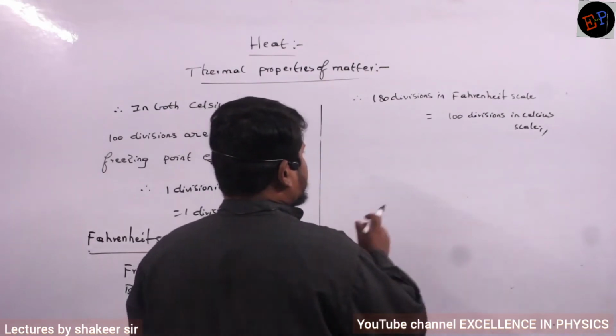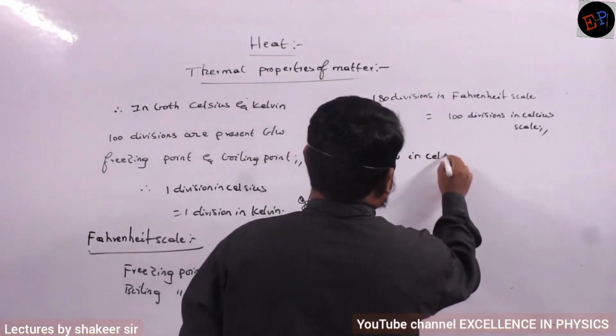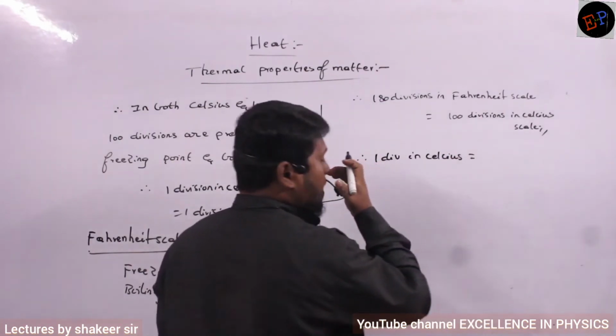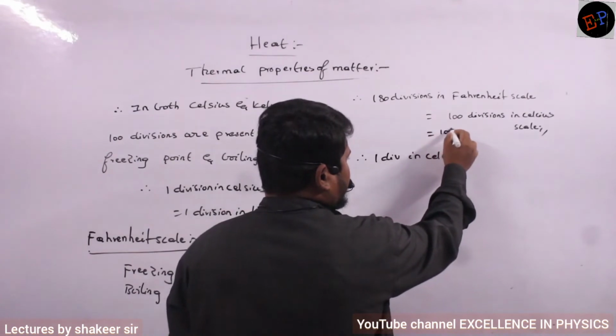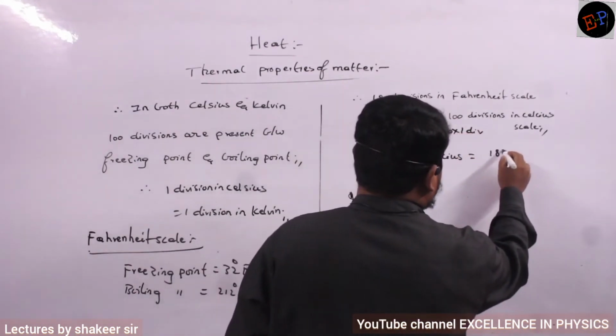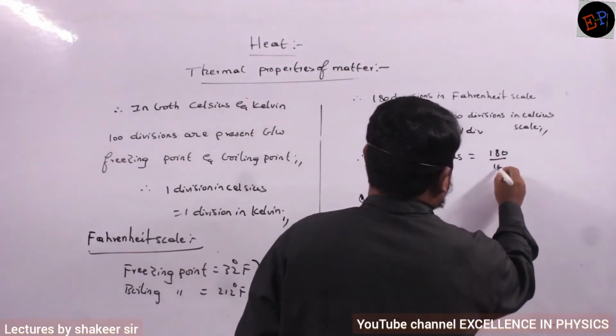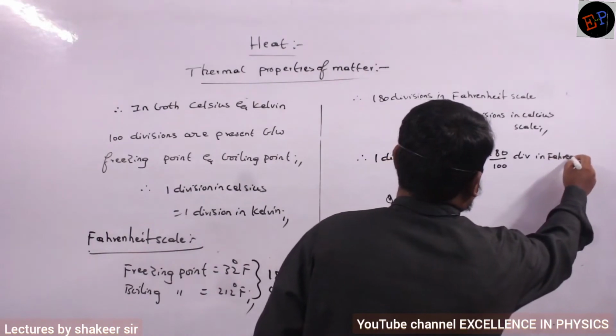Therefore, 1 division in Celsius will be how much? Can you say? 100 is there, no? 100 into 100 can be written as 100 into 1, no? 100 into 1 division. So take this 100 to this side. Therefore, 180 divided by 100 divisions in Fahrenheit scale. Can I write like this?